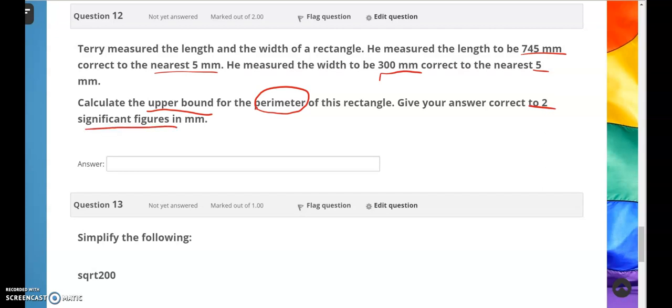So first of all, we're looking at the upper bound, so we must work with the upper bounds of these numbers. So the upper bound for 745 was 747.5, and the upper bound for 300 was 302.5.